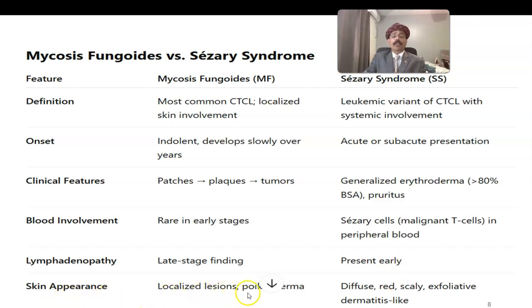Skin appearance: localized lesions and poikiloderma, different pigmentation plus telangiectasia, that is poikiloderma. In Sézary syndrome, diffuse red, scaly, exfoliative dermatitis.